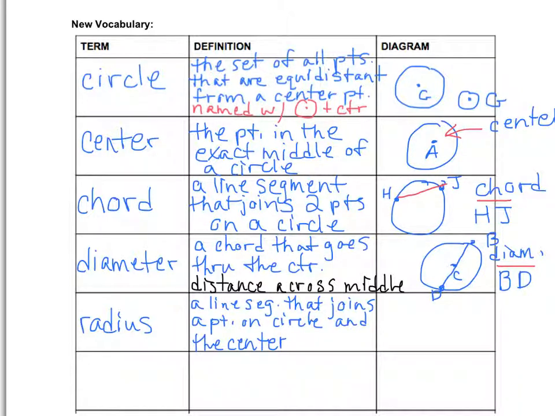If we're talking about a distance, it's the distance from the center to the outside of the circle.